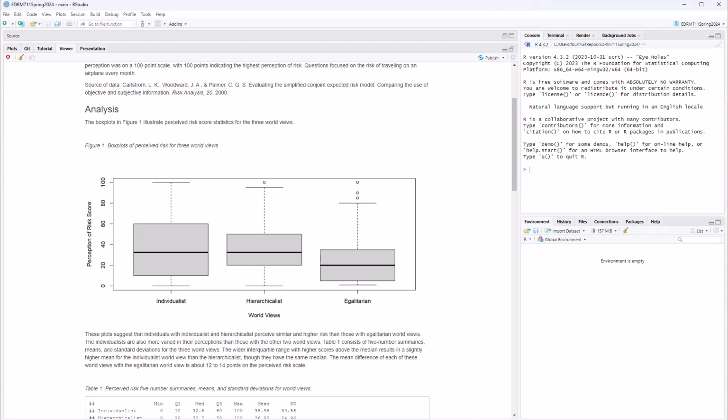Returning to those box plots, you can see the variability between the group centers by looking at these lines.